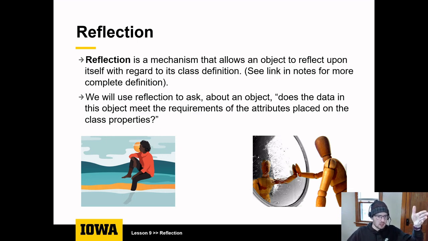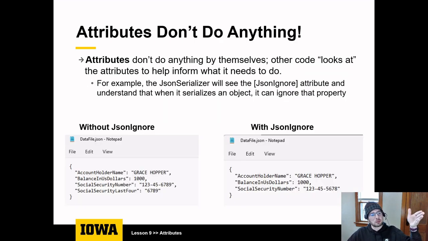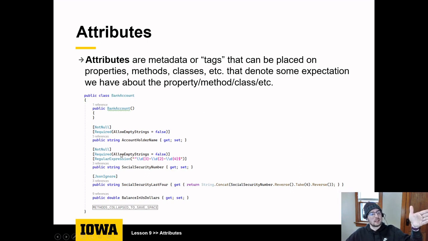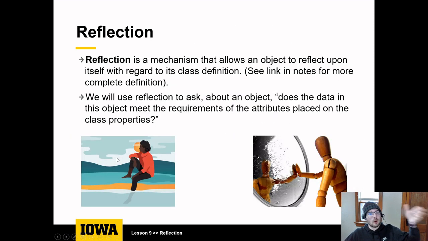So in particular, we want to think about attributes. Given the attributes that were placed on top of the properties in my class definition, do I as an object meet the requirements that are set forth by those attributes?